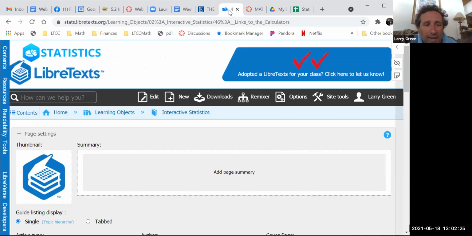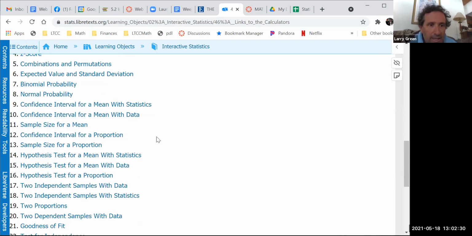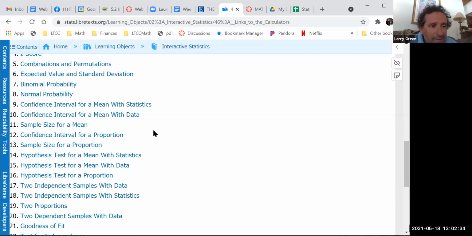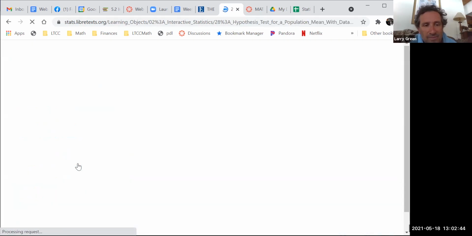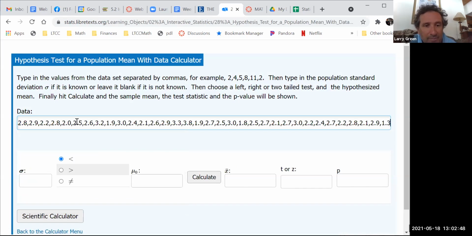I'm going to go to the calculator. Okay, I'm going to show you how to use this calculator now. So if I have a hypothesis test for a mean, here I have data. If I had statistics, I'd use statistics. I have data. I put in my data separated by commas.